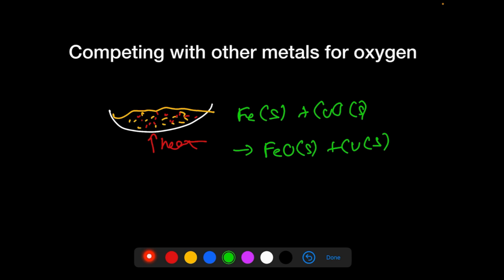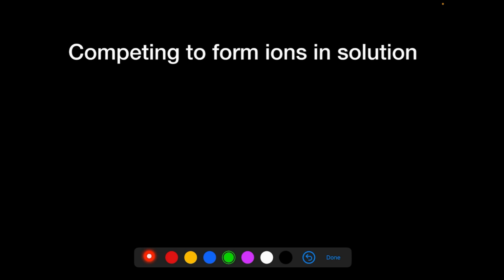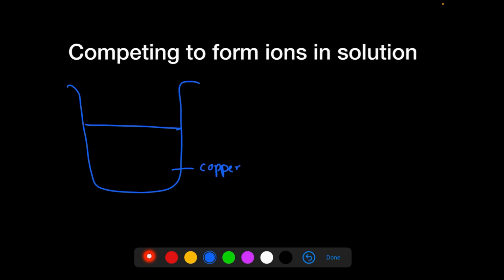Thirdly, we look at competing to form ions in solution. So over here we have a beaker. Here we have our water, which is actually copper 2 sulfate, and in which we place an iron nail.